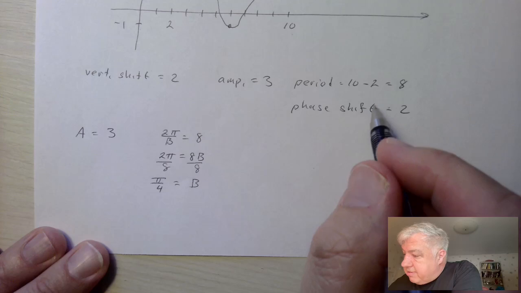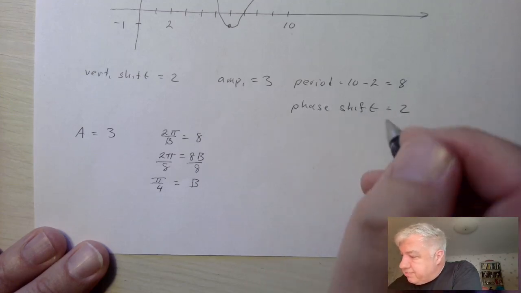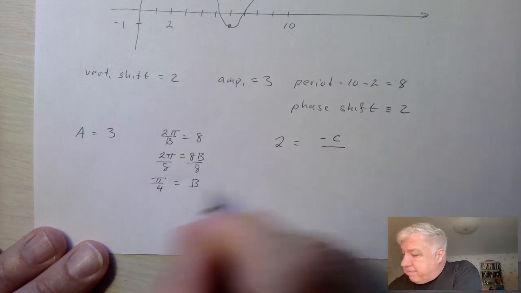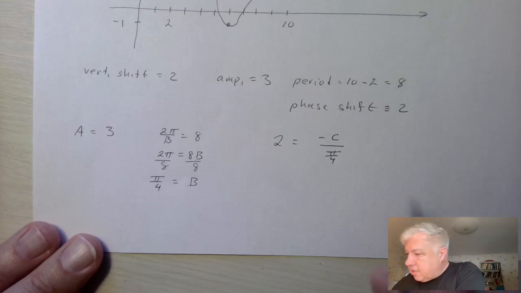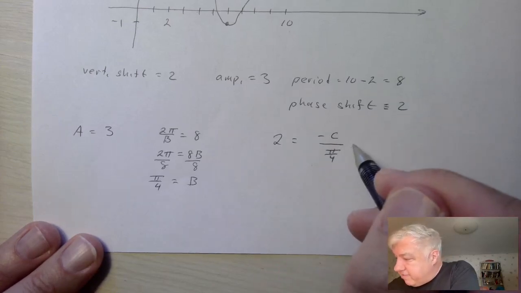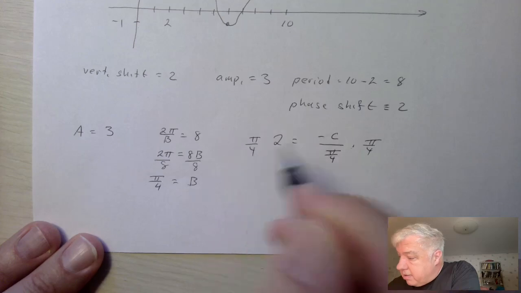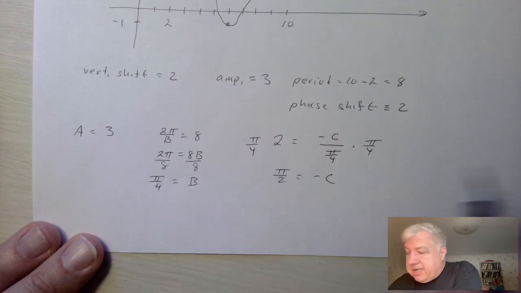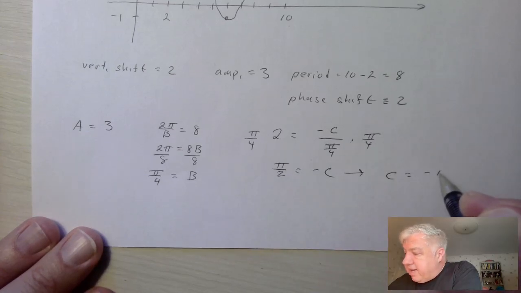Then the phase shift is 2, and that's minus c over b, which we know b is pi over 4. We can multiply both sides by pi over 4, and we get pi over 2 can be taken to be minus c. So c can be taken to be minus pi over 2.